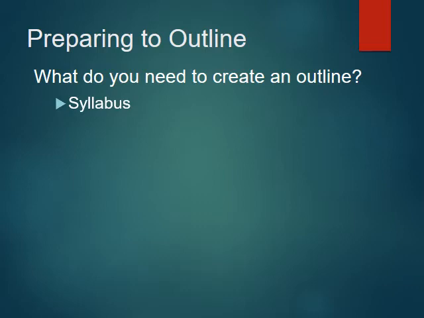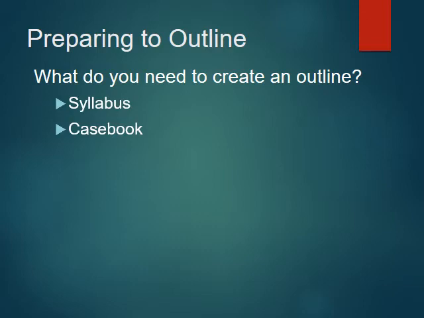That probably matches to a greater or lesser degree your book's table of contents, but a syllabus, of course, will be different in that the syllabus will highlight the material that your professor has decided to be the most relevant stuff for your class from that casebook.